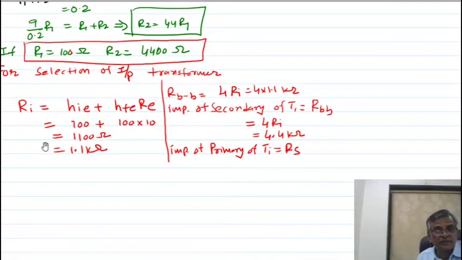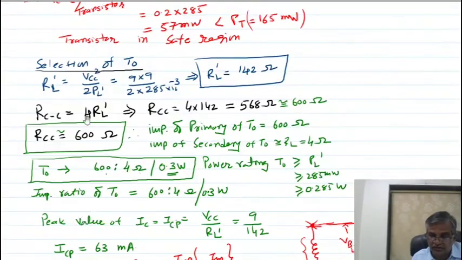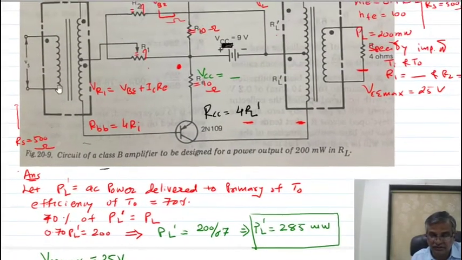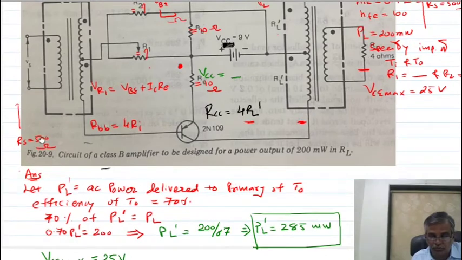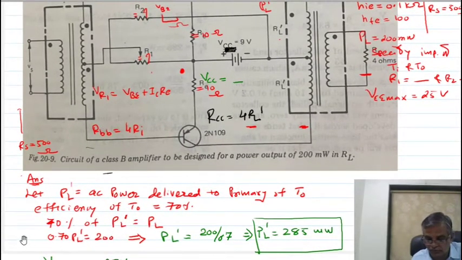According to the maximum power transfer theorem, the impedance of the primary of the TI should be of the order of the source resistance, and the source resistance they have given is 500 ohm. So this impedance should be of the order of 500 ohm, and this impedance should be of the order of 4.4 kilo ohm.